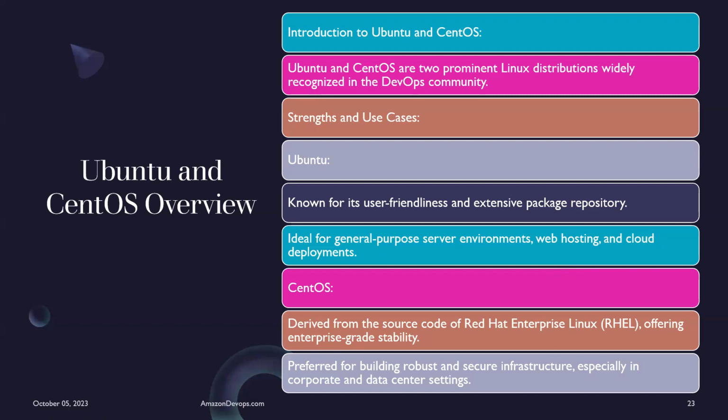It's always preferred, of course, for building robust and secure infrastructure, especially in corporate and data center settings where information is very sensitive and the data needs to be built upon a secure system. So CentOS becomes a very good choice in such environments.